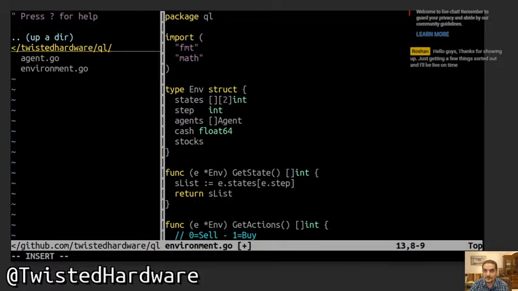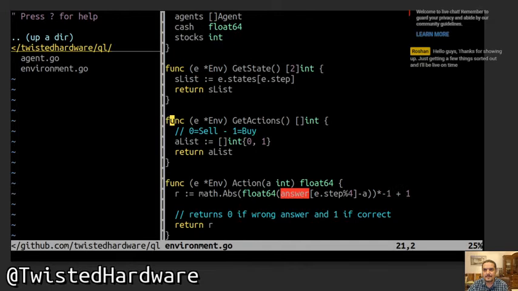I'll just call it stocks, and I will make this into an integer. This does not like what we're doing in here. I guess I could change this into 2 in here. It will make other things easier going forward. Okay, so get action will return these two.